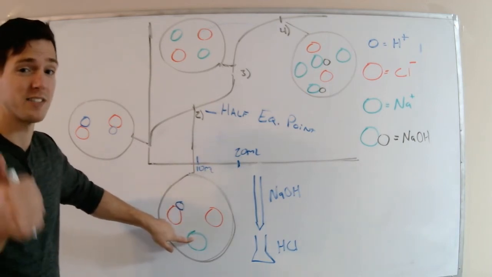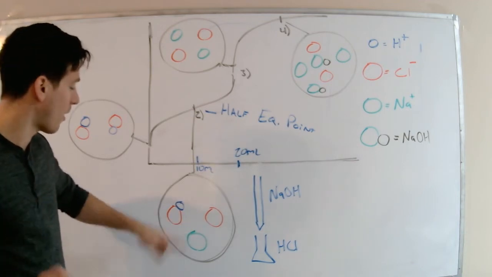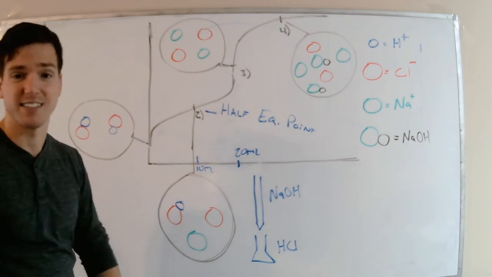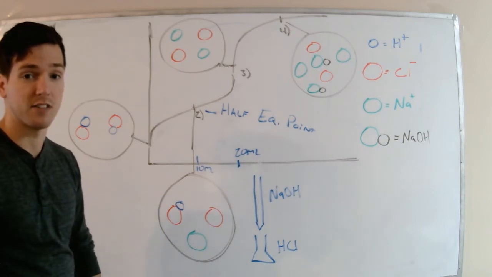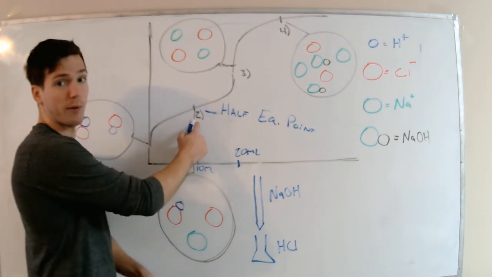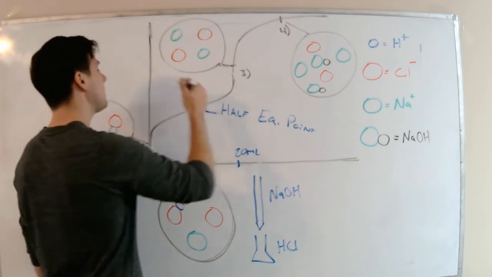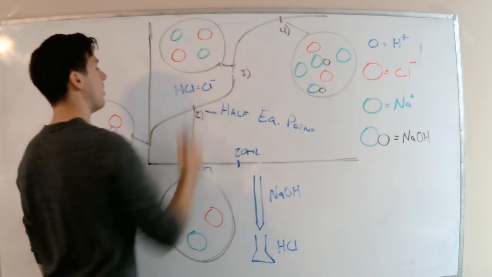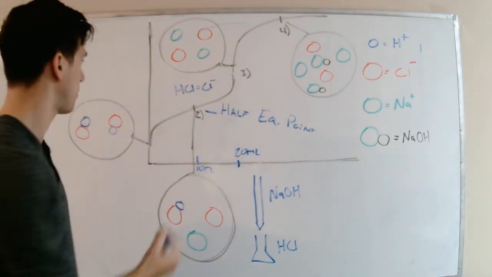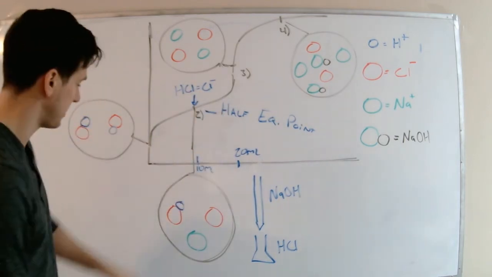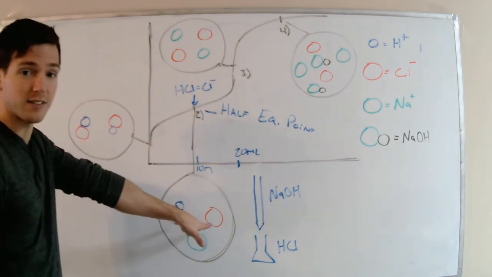That OH minus and that H plus react together to make water, so that Na plus is left on its own, and that Cl minus is left on its own. So at this point 2 in our titration curve, we like to say that HCl equals Cl minus. So at the half equivalence point, at part number 2 here, HCl equals Cl minus, which we see right here.